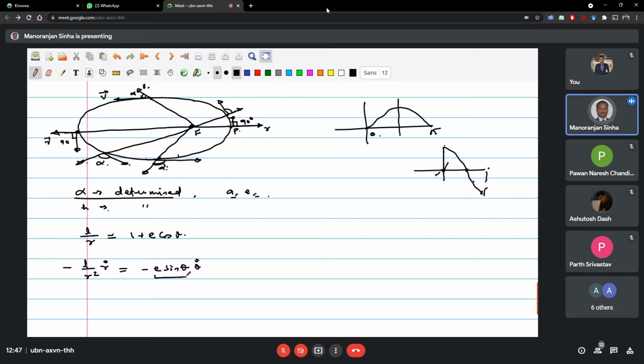So from here you can get this E sin theta, minus minus cancels out, L by R square R dot by theta.